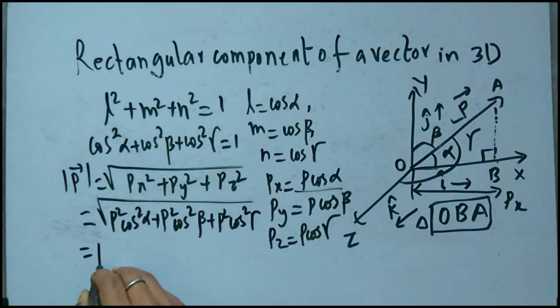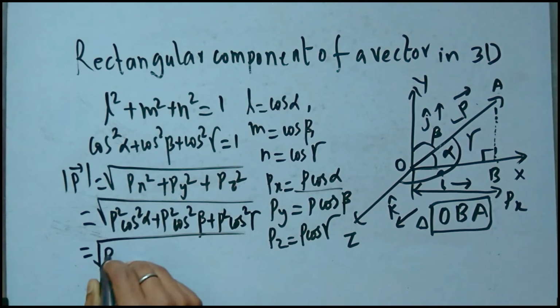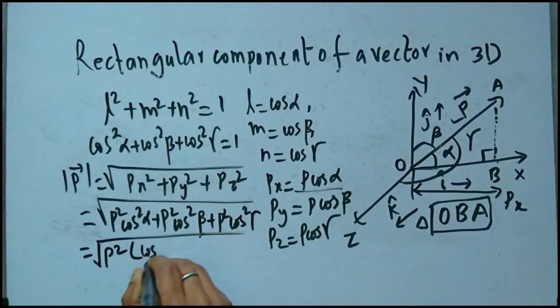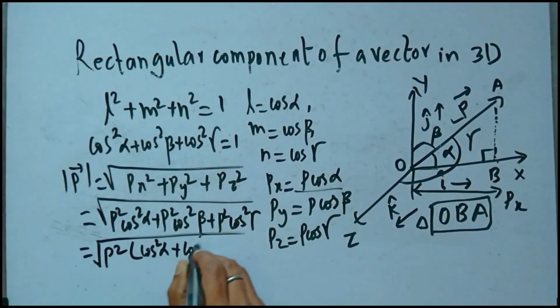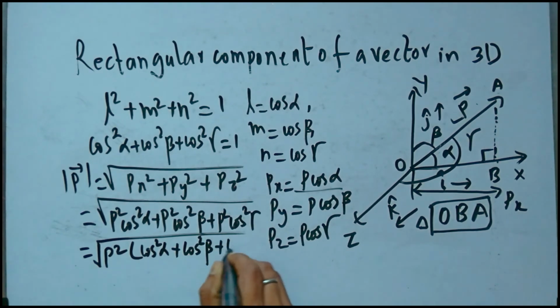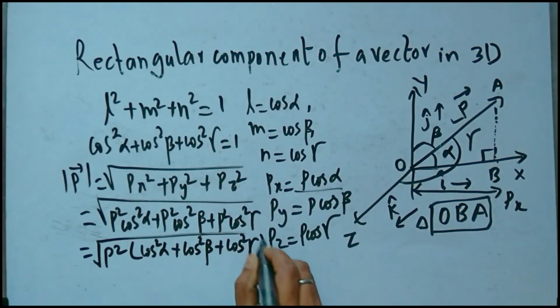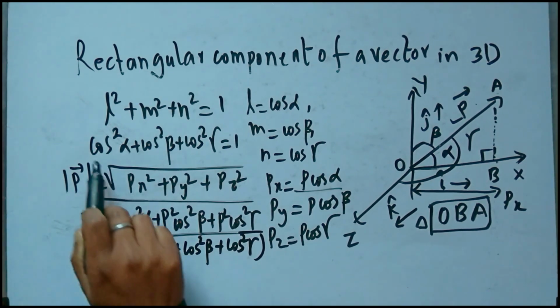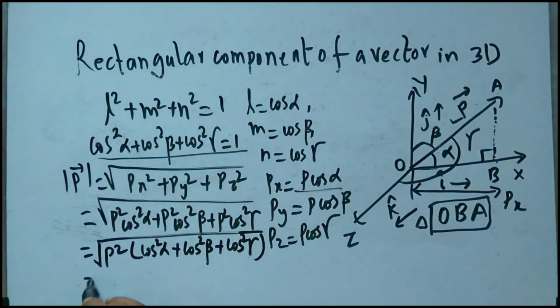If we take P square common, cos square alpha plus cos square beta plus cos square gamma, and we know this is equal to 1, so it will be root under P square, which will be equal to P. So LHS will be equal to RHS. That's why these all equations hold true.